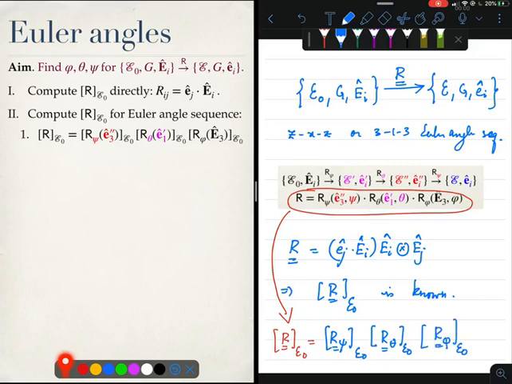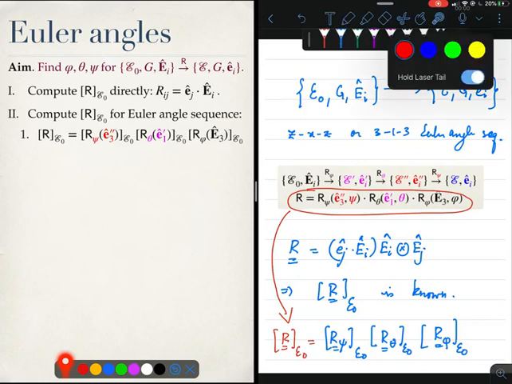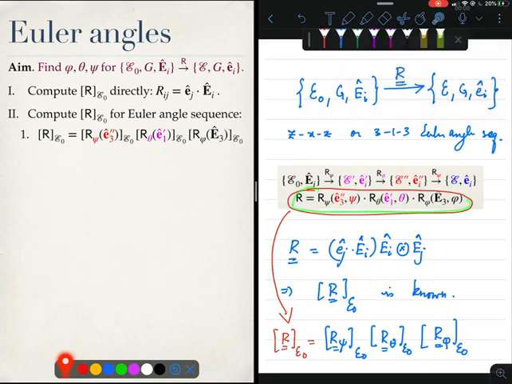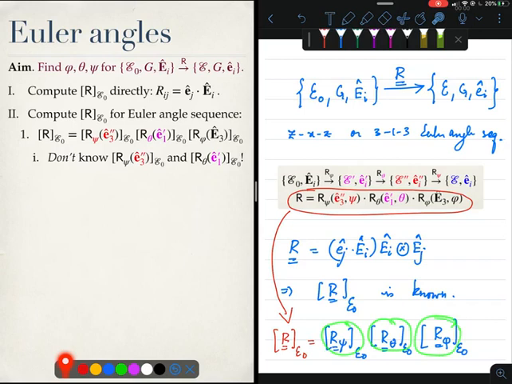All I have done is that I have evaluated this tensor equation in E0, both sides in E0. But I have a problem. Do I know these three tensors? Do I know what they look like? Okay, and well, I will leave it as a challenge for you. You go and find these matrices.